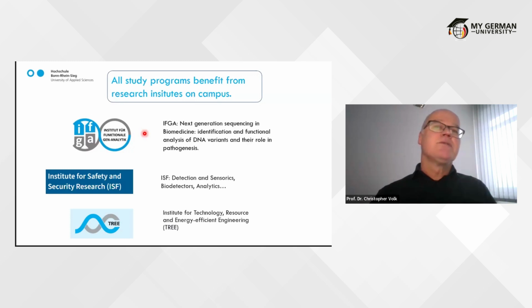In addition, there's the ISF, which has a strong focus on general analytic techniques, but also bioanalytic techniques, and the TRI, which is focused on renewable materials and sustainable stuff. All these offer projects for theses and also for further research. So if you would like to stay with us and do the master, after the master there's even the option to do a PhD at one of these research institutes.